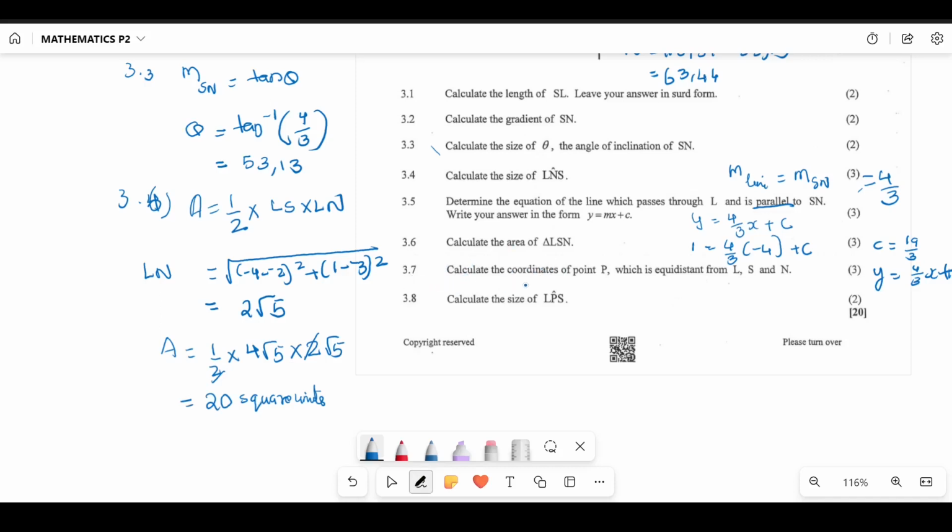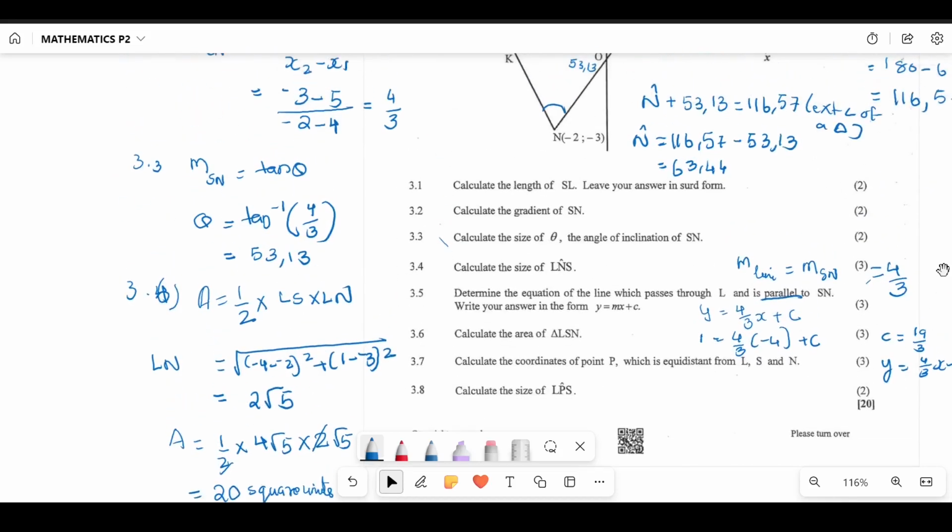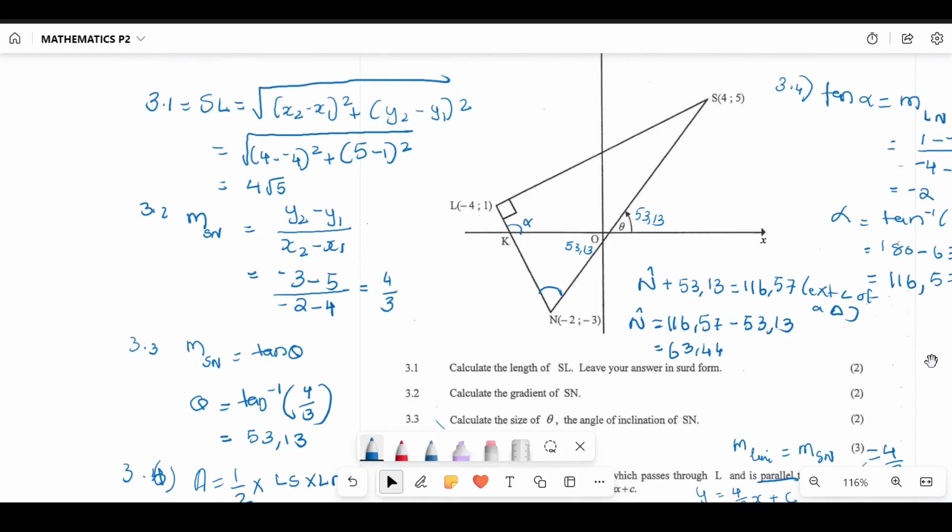Now 3.7: calculate the coordinates of point P which is equidistant from L, S and N. Equidistant means equal distance, so PL, PN and PS are all radii of a circle.